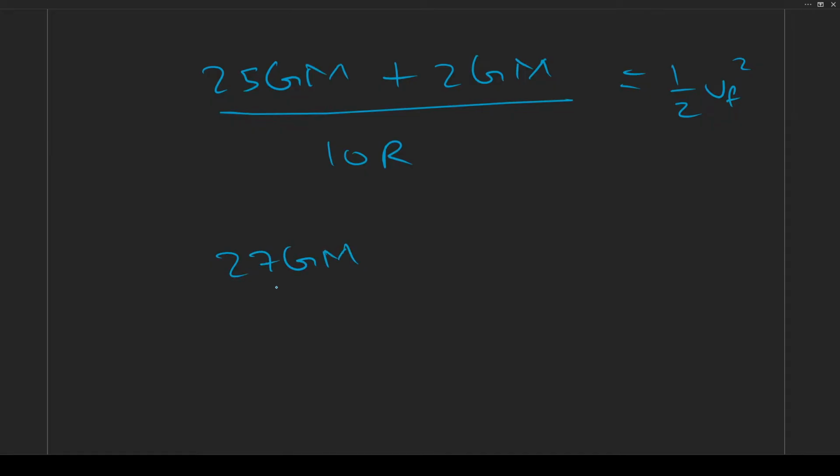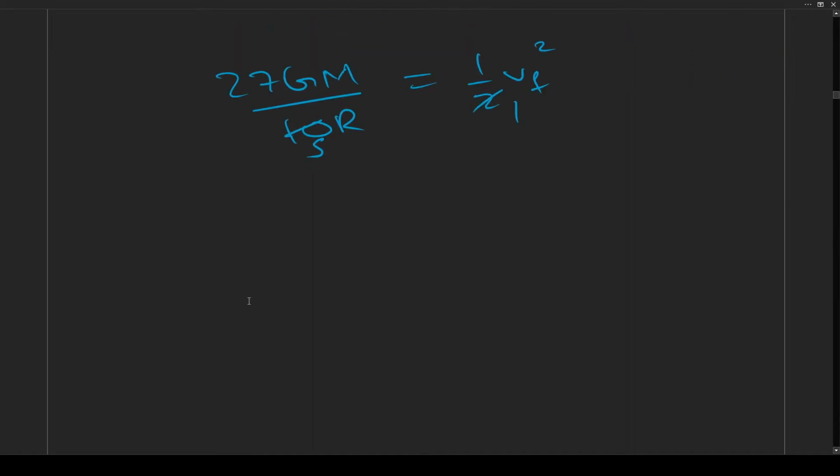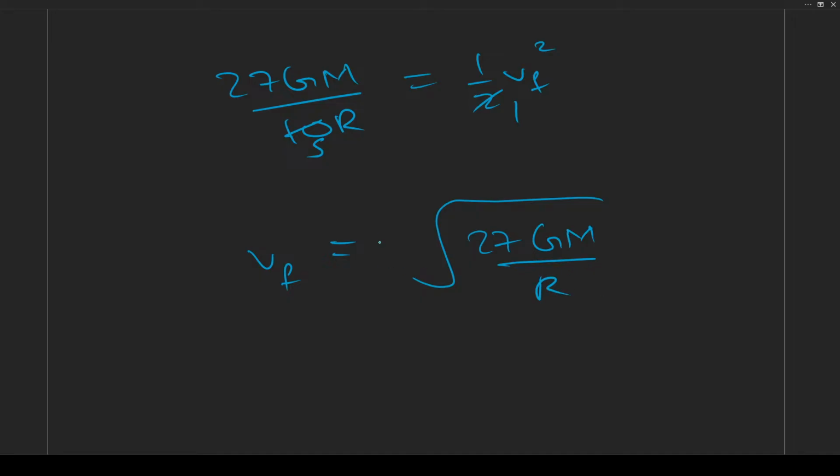27GM by 10r is equal to half vf square, so approximately we will get vf equals root of 27GM by 5r. 27 by 5 is 5.2, something like that, no, 5.4, or we can keep it like this.